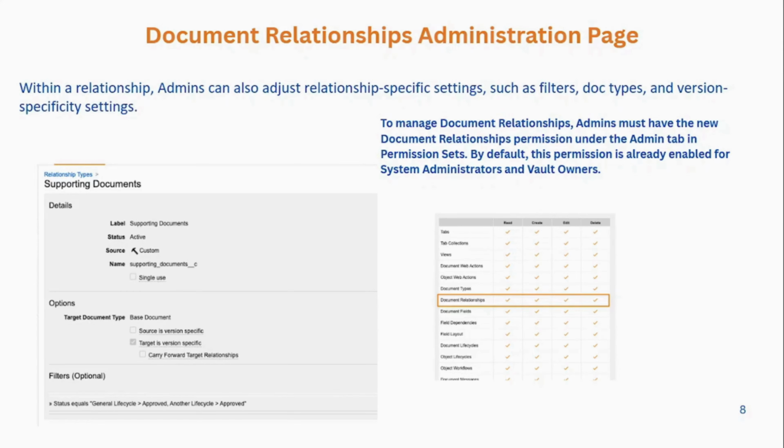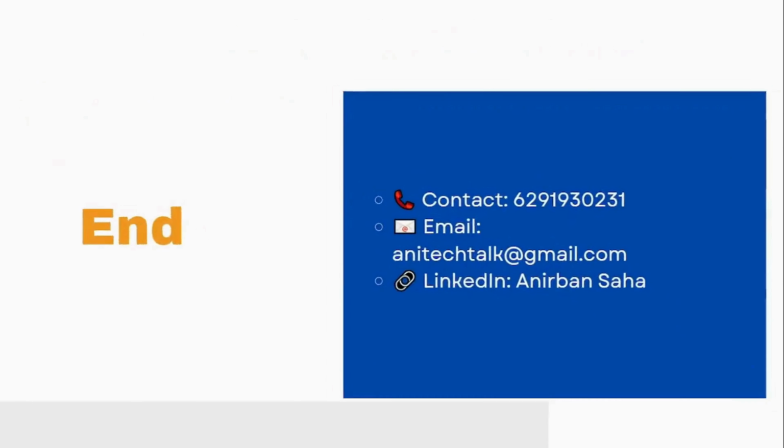Let's say you choose source is version specific, then you can enable carry forward target relationship. And you can also add filters. You get this access if you are the Vault admin, system administrator, or Vault owner; by default you can access this document relationship, right? So this is one of the good features Veeva introduced.